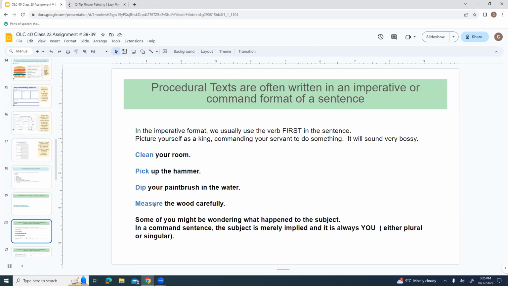So it's like they're saying, you clean your room, you pick up your hammer, you dip your paintbrush in the water. Again, it sounds really repetitive. After a while, people just know that it's there, so it ends up not getting written. Okay. Technically, it's implied, but yes, it's one of the formats where we don't really use the subject.